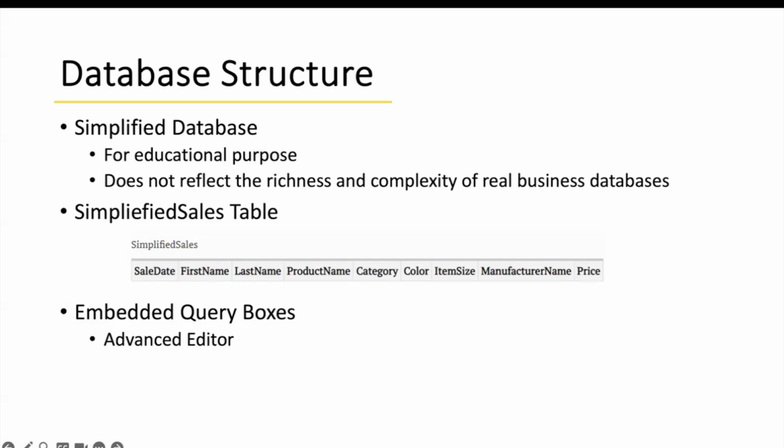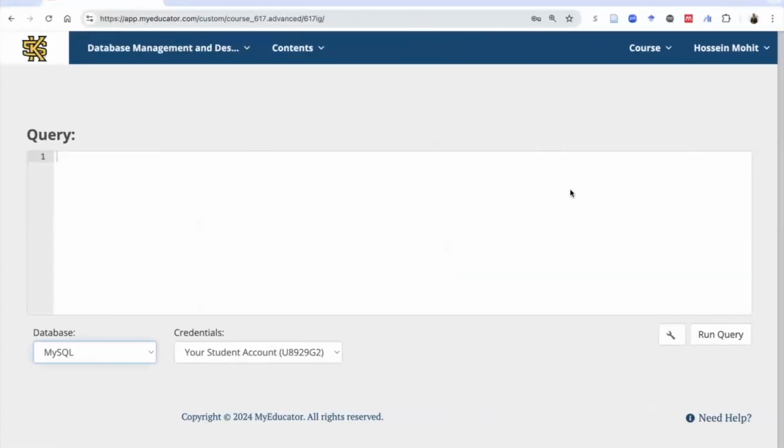You can also click on the Advanced Editor to access advanced editing functions. Here in the editing window, you can choose your database. In this course, we will be working with MySQL, but you have the option to select other database management systems as well to see how your SQL code might behave differently.